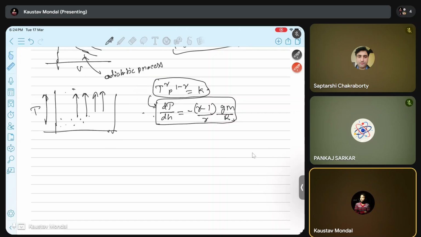As you can see, this depends on many things. It depends on gamma, which depends entirely on the composition of the air, and it also depends on M, the molecular mass of the air. These are the two important parameters, and depending on them you can calculate this.